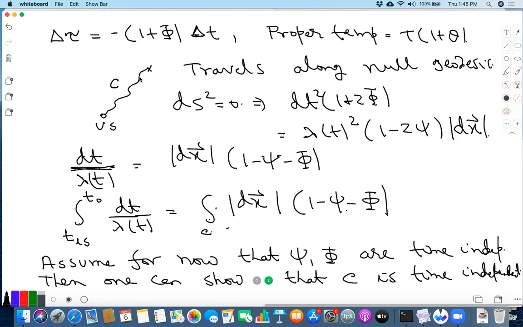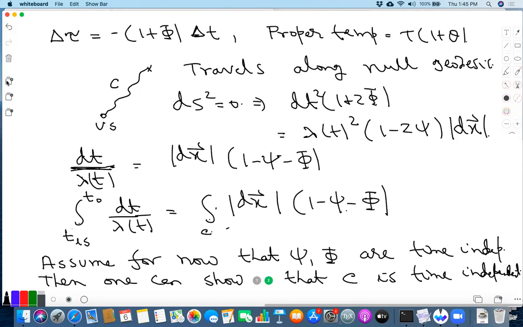As in, if we translate the path to some other time, it will still be a geodesic. Exactly. Now, suppose you go to a later time and see along which path in the x space it will travel from t LS plus something to t naught plus something. This path will remain unchanged. That's what it means.